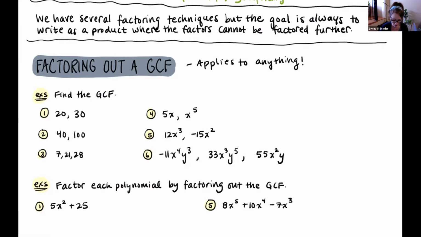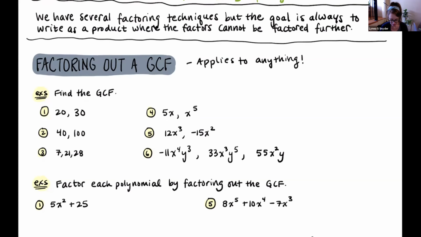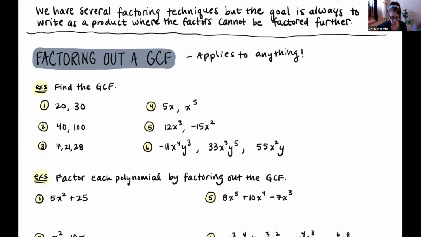So just as a reminder of what the GCF is, let's take a look at these few lists I've got here and find the greatest common factor of all of the terms in the list. So first example, 20 and 30. So the greatest number that goes into both 20 and 30, or the greatest thing that is a factor of both 20 and 30.